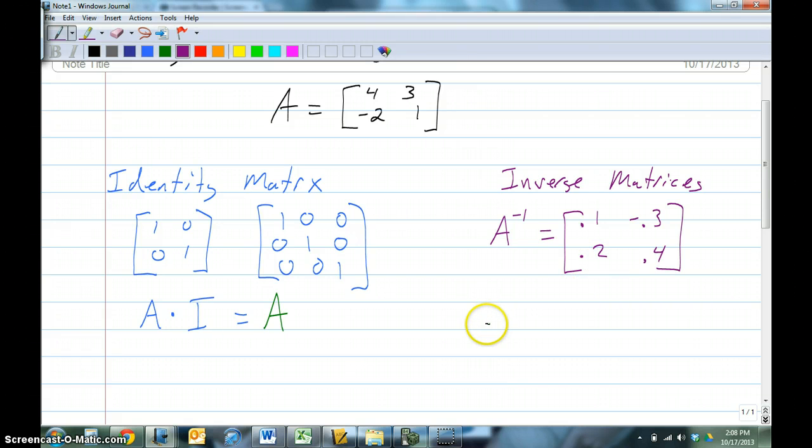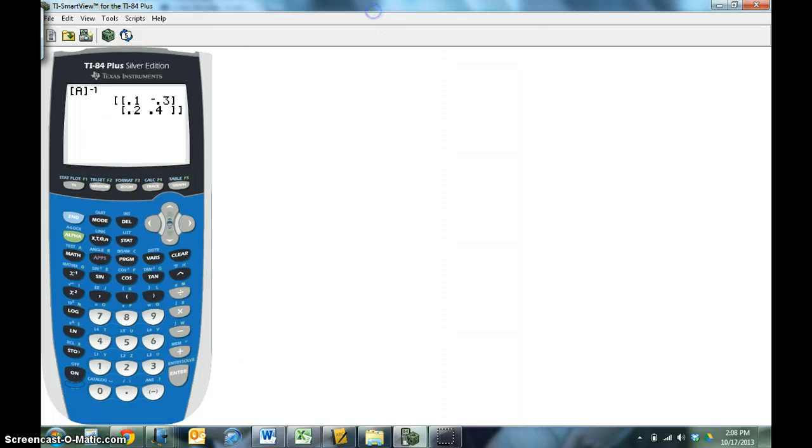Now, here's what's neat about matrix A and the inverse of matrix A. If we did matrix A times the inverse of matrix A, well, let's pull out our calculator. Let's try that. All right. Well, if we do matrix A times the inverse of matrix A, press enter.